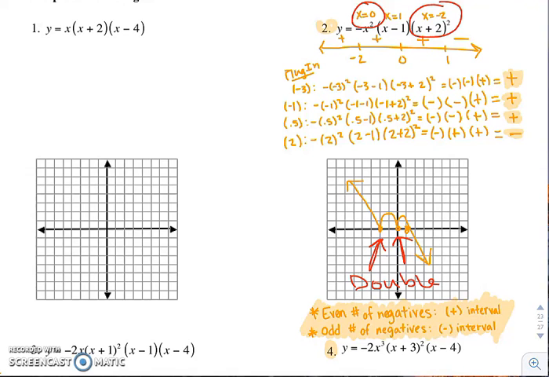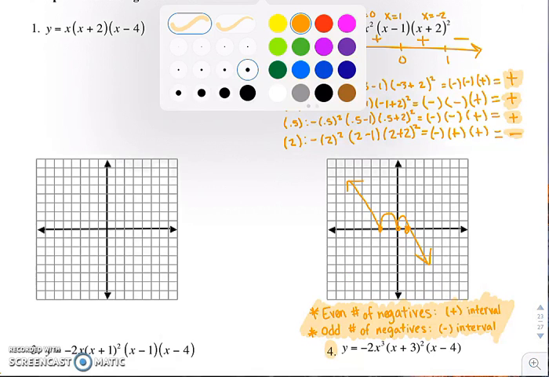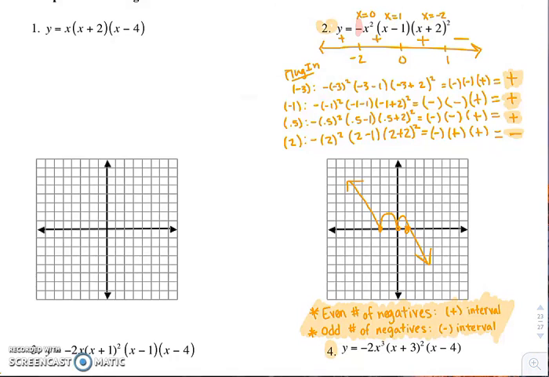So that's a good way also to check that your graph is correct. We also know that the lead coefficient in this problem is negative. Our polynomial does end going down. Another thing to check.